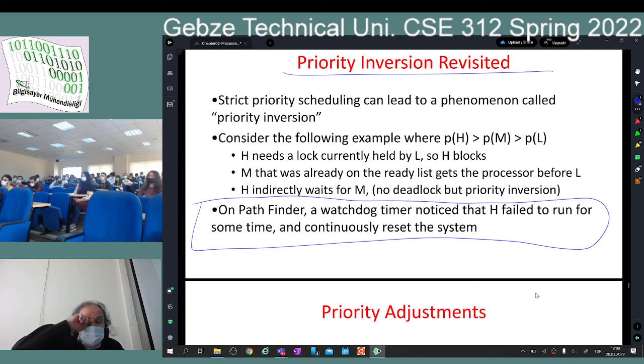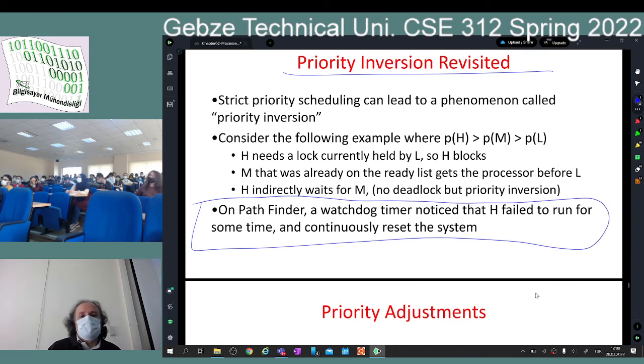So it turns out that a low priority watchdog timer comes in and says that I am not seeing this H, so I am going to reincarnate the processes. They say that if this computer is healthy, if this operating system is healthy, I need to see this process, and this process, and this process, okay?